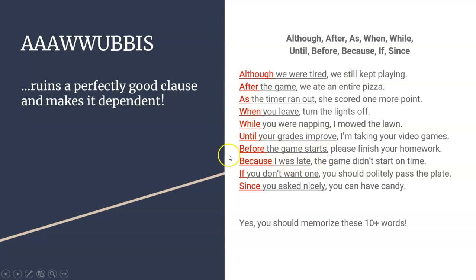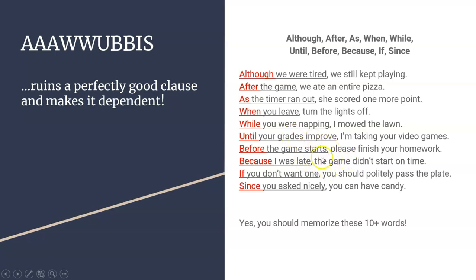Okay, let's look at this one down here. Because I was late, the game didn't start on time. Now if I just had I was late, that would have a subject and a predicate and it could stand alone. But when I tack on this WUBIS word because, suddenly I've got a dependent clause. And again, it has that dot dot dot effect, because I was late what?